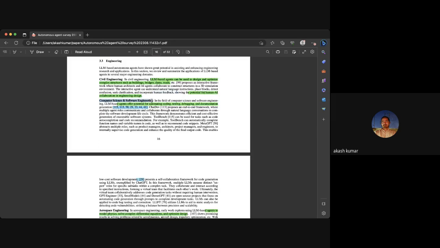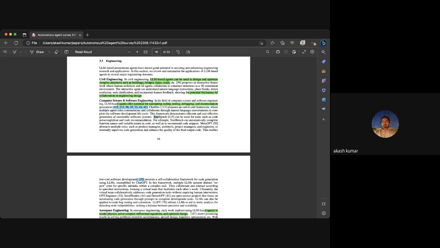In computer science and software engineering, these LLM-based agents offer potential for automating coding, testing, debugging, and documentation. I suggest that we look into all these papers that they have referred to here. For example, ChatDev proposes an end-to-end framework where multiple agent roles communicate and collaborate through natural language conversation.